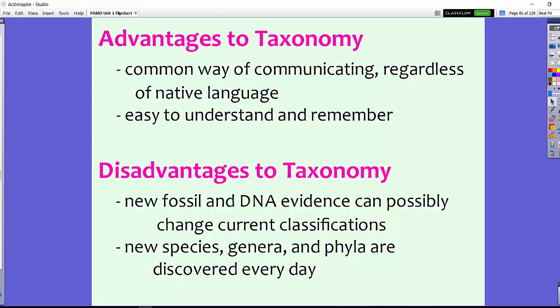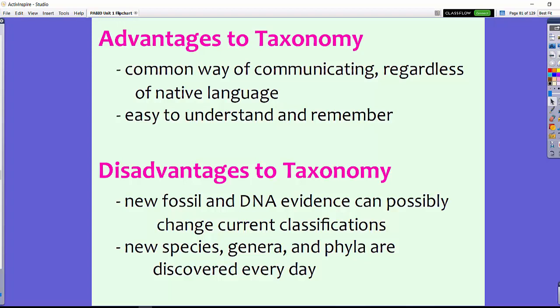Sometimes, even though we have shared characteristics, those shared characteristics really aren't related to each other according to DNA evidence. So every time we have new DNA or fossil evidence, it's possibly going to change some of those current classifications. That happens on a daily basis, and scientists are constantly changing those.